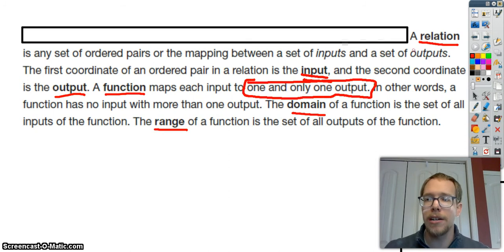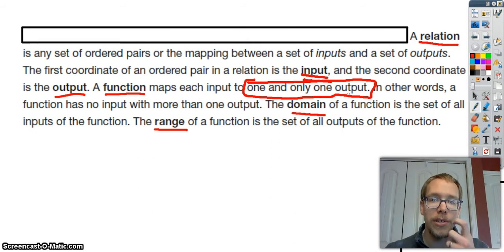So keep in mind a relation is a relationship. It is the relation between two sets of numbers creating and resulting in ordered pairs. The first coordinate is the input, the second coordinate is the output. And a function is a special kind of relation that maps each input to one and only one output.